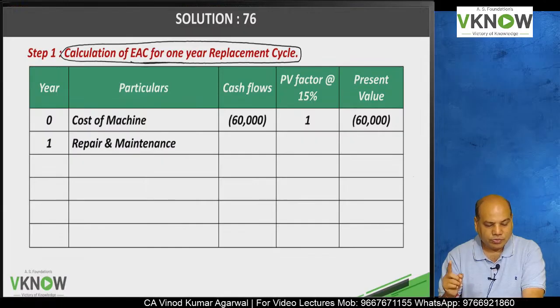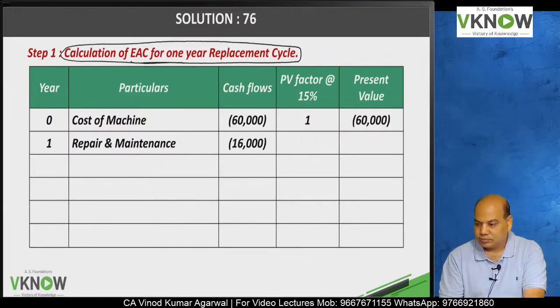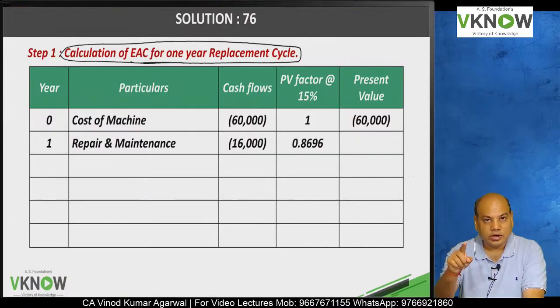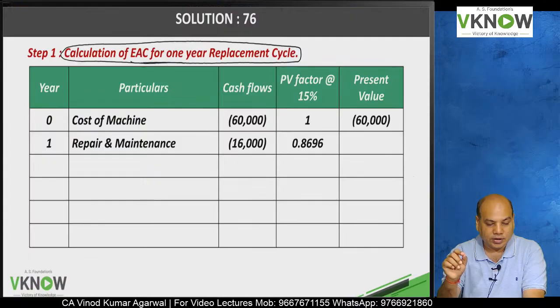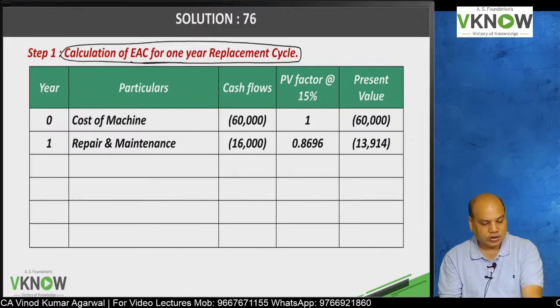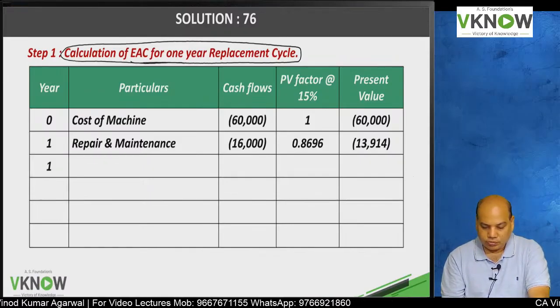Repair is 0, maintenance is 16,000. The present value factor is given in the problem. Please use the same factor, 0.8696. So you get 13,914.